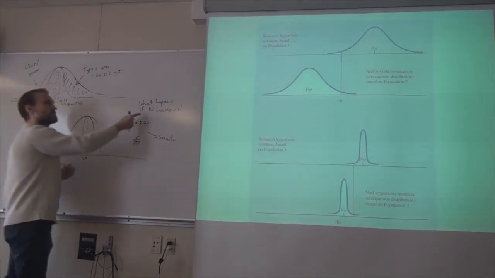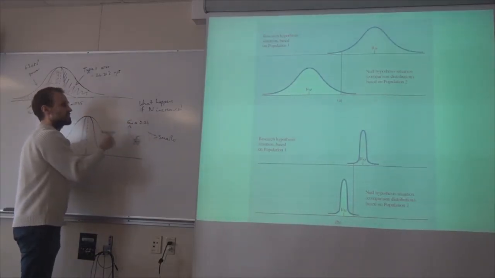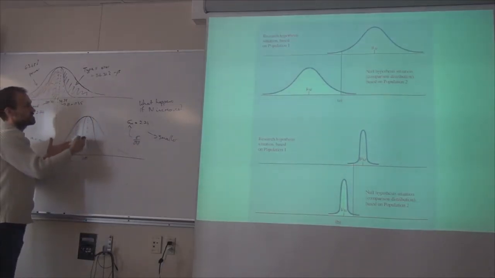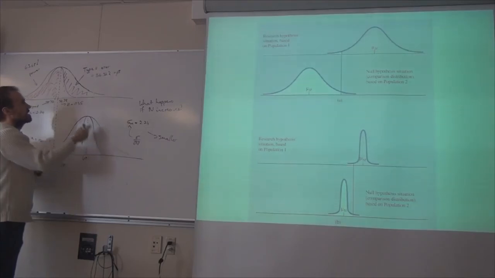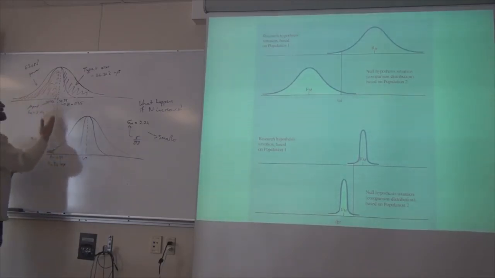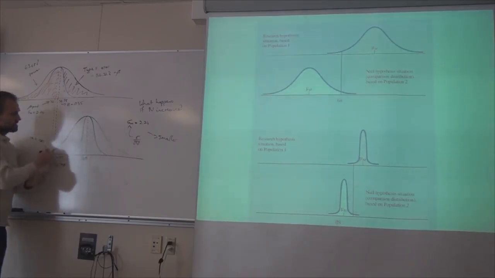So by increasing the sample size, I'm directly affecting the standard deviation, the variability here, which is going to give me a much better power, because this line, for small standard deviation, is going to sit somewhere over here.